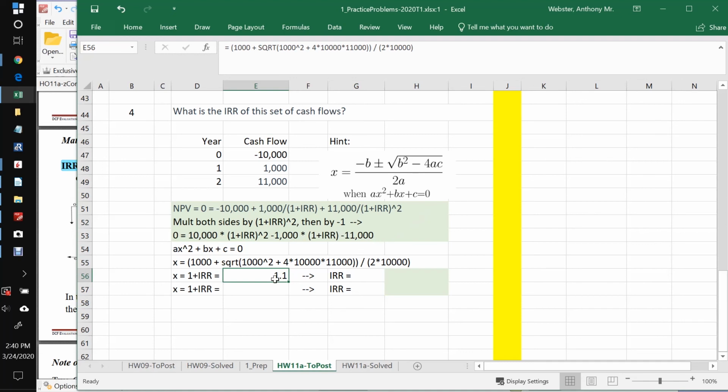Okay, so we get 1.1, and remember that's x, which is equal to 1 plus IRR, so IRR is going to be x minus 1, so let's put that in here.